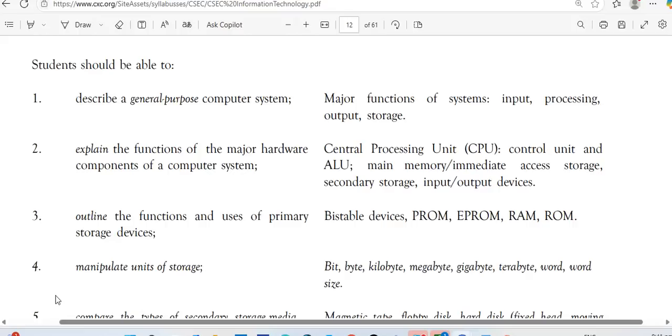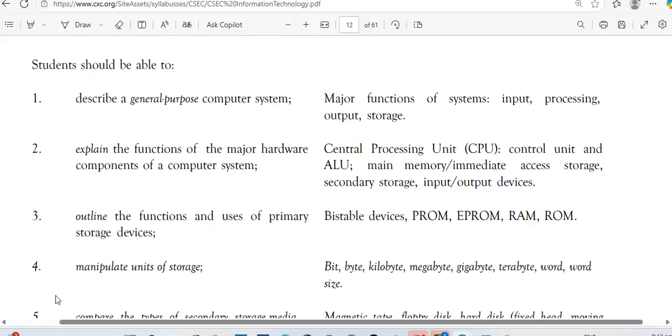But first, do you know what we mean by the hardware components of a computer system? Well, the hardware components are the physical parts of a computer system that can be seen and touched. If you're looking at your computer now, are you seeing the different components that you can touch?